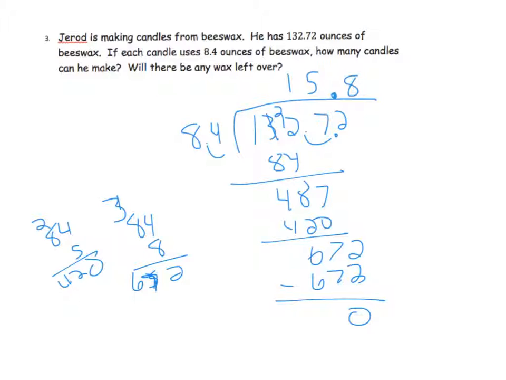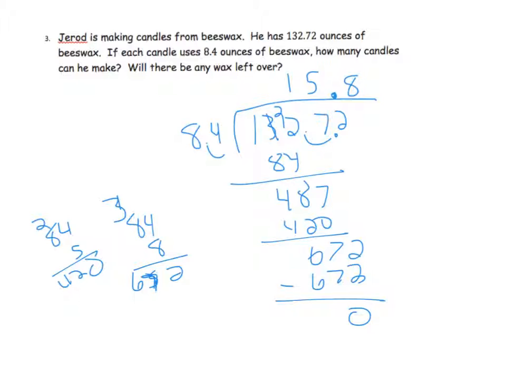Alright, this is what I got. And again, I first started with moving my decimal over 1, so I had to move it over 1 here. And then I just did the long division. How many times does 84 go into 132? Multiply, subtract. And then bring the next number down. How many times does 84 go into 487? Multiply and subtract. Here's my decimal, so I carried my decimal up and I brought my next number down.